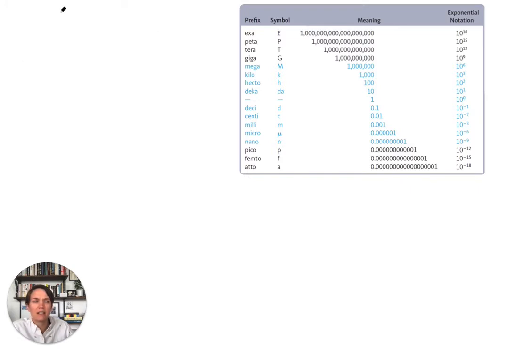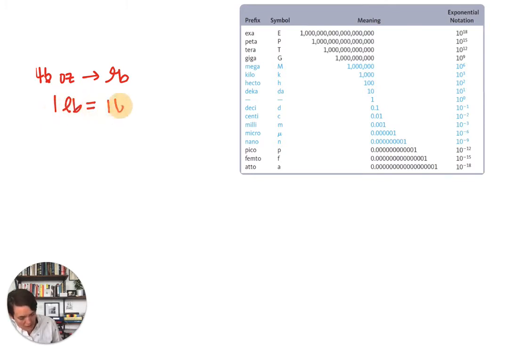many pounds that is. Okay, so we have 46 ounces, and I want to go to pounds. A conversion factor that you would need to know is that 1 pound is equal to 16 ounces. Again, I would give this to you. So we have 46 ounces.